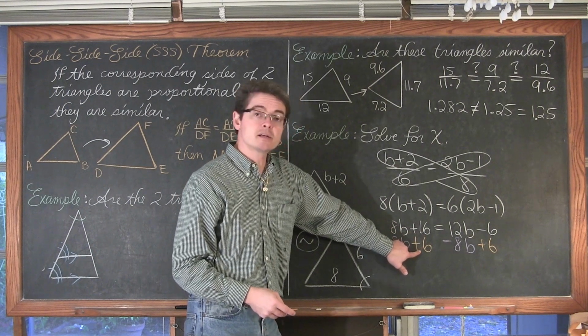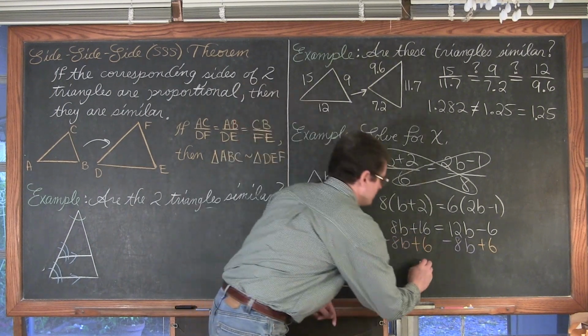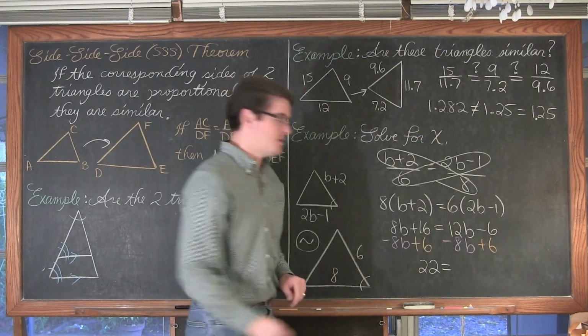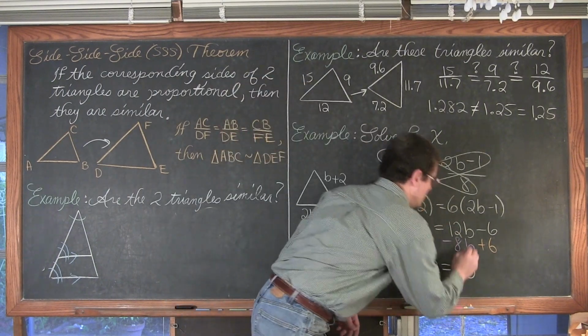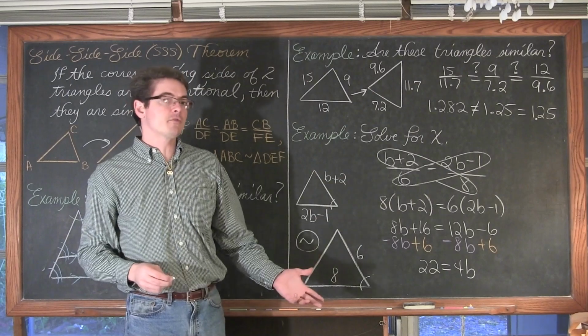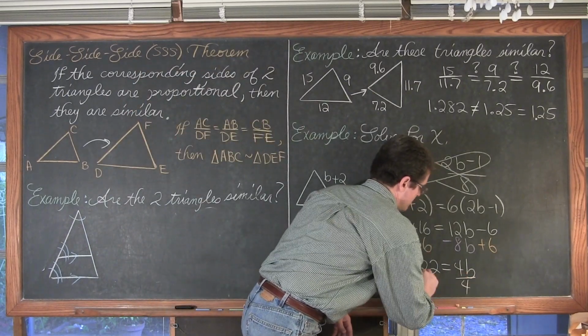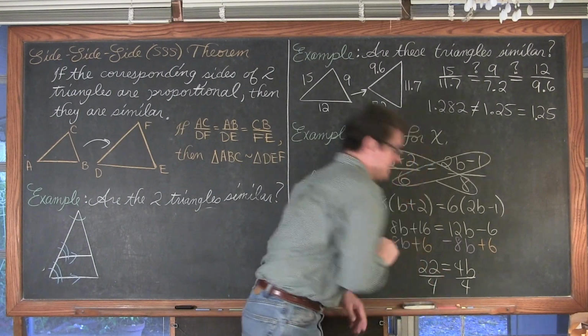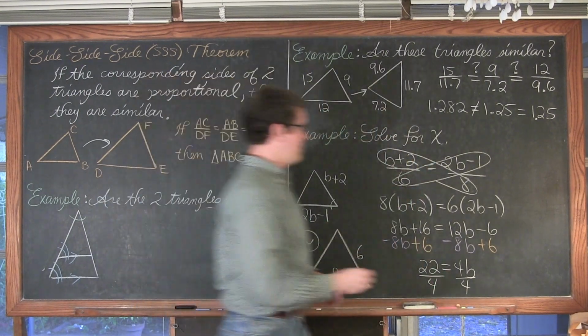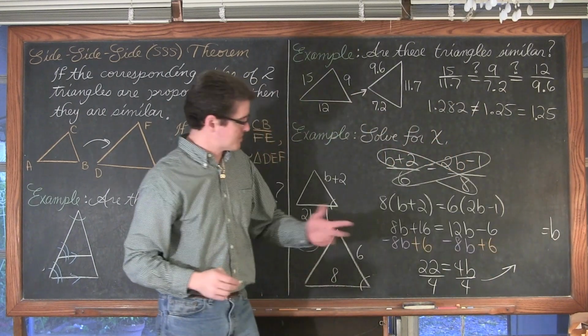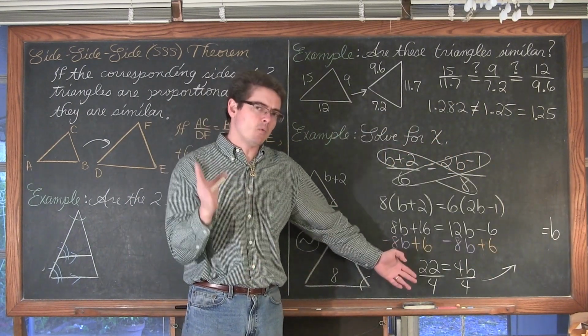16 plus 6 is going to be equal to 22. We have 12 minus 8, which is equal to 4. We want to finish solving this for b, so we're going to undo this multiplication of 4 by dividing, and we get that b is equal to, now this is not going to divide evenly, and I don't want a decimal.